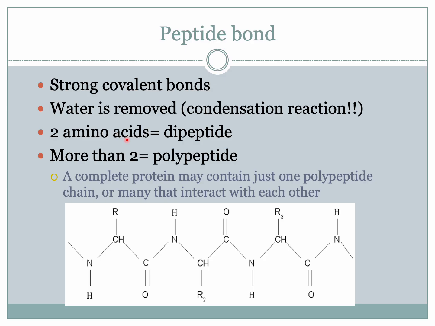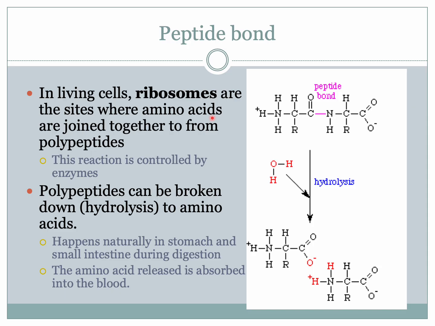2 amino acids combining together, we get a dipeptide. Di, remember, means 2. More than 2 amino acids, we will have a polypeptide. A complete protein may contain just one polypeptide chain or many that interact with each other. In living cells, ribosomes are the sites where amino acids are joined together to form peptides.